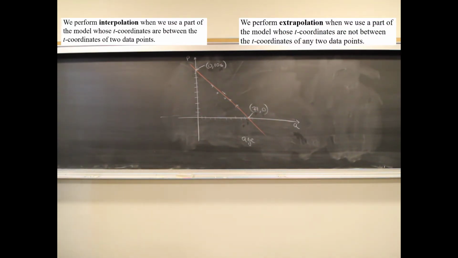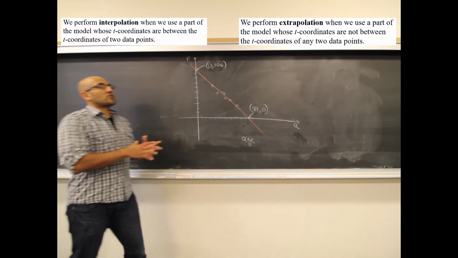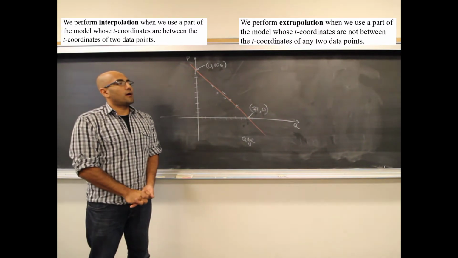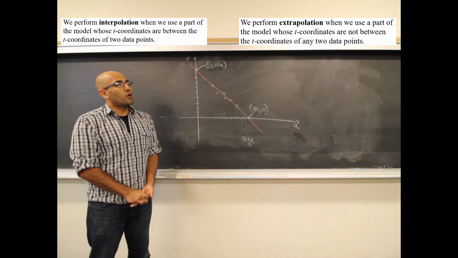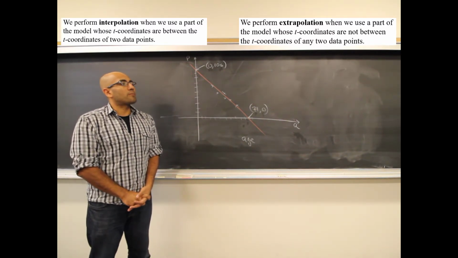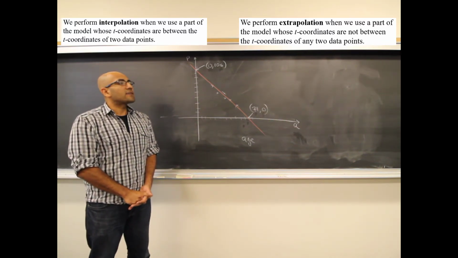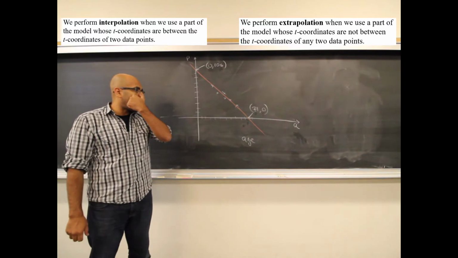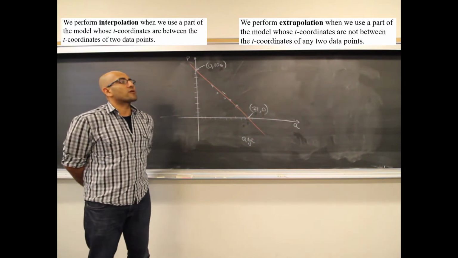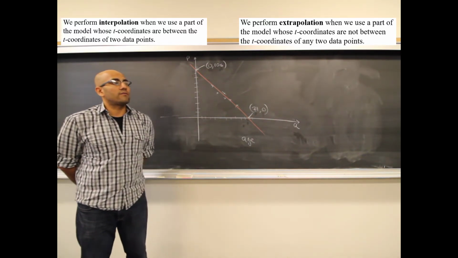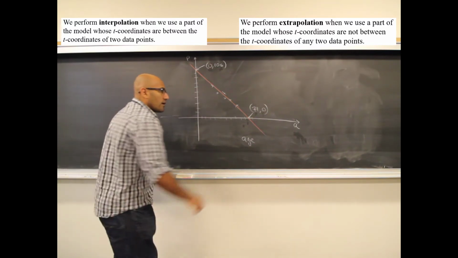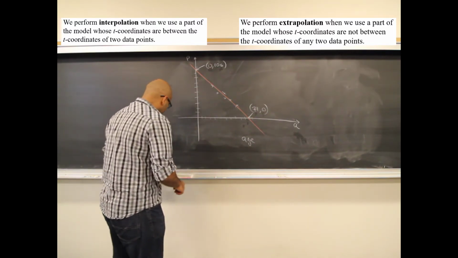Interpolation versus extrapolation is another important thing. Interpolation is when we use a part of the model whose t-coordinates are between the t-coordinates of two data points. Extrapolation is when we use a part of the model whose t-coordinates are not between the t-coordinates of any data points.